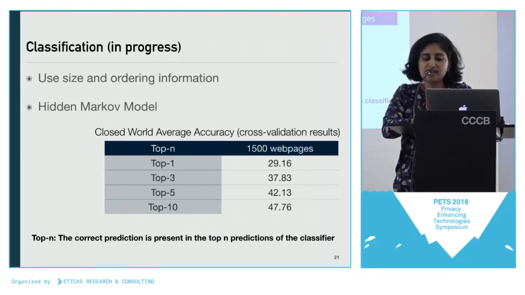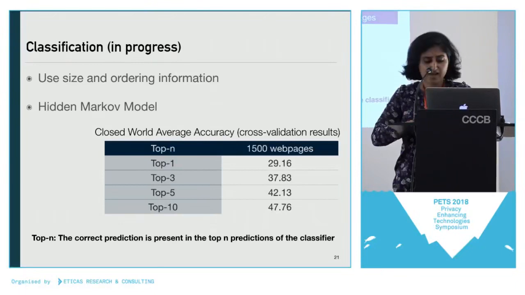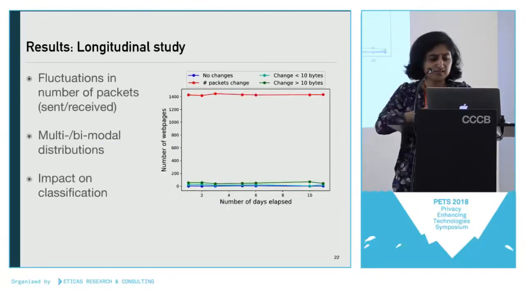At the moment, I have cross-validation results that show average accuracy for about 1,500 web pages. We are also looking at the top N accuracy, which means that the correct result is present in the top 10 guesses of the classifier. At the moment, our top one is about 29% accuracy, and the top 10 is 47%, which is not bad, but it's not amazing either. And I'll come back to that.